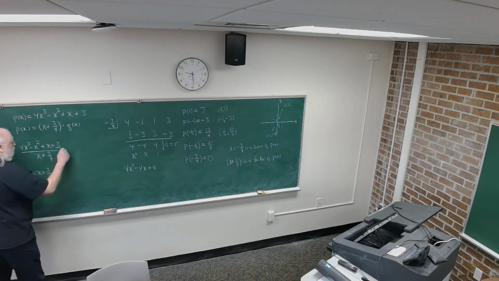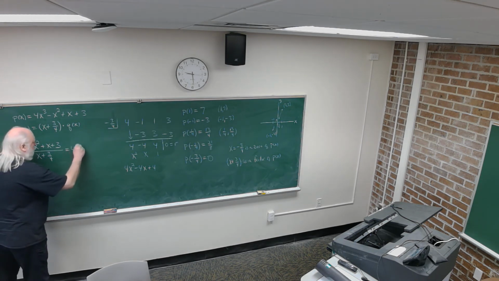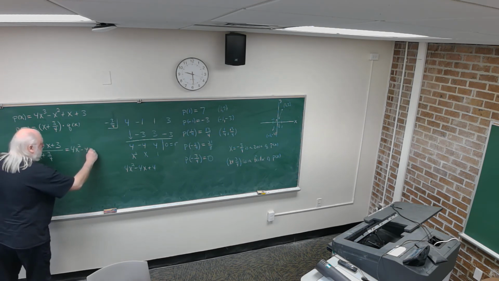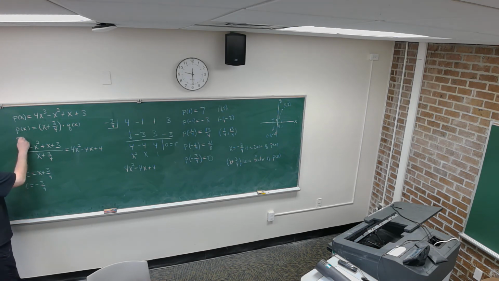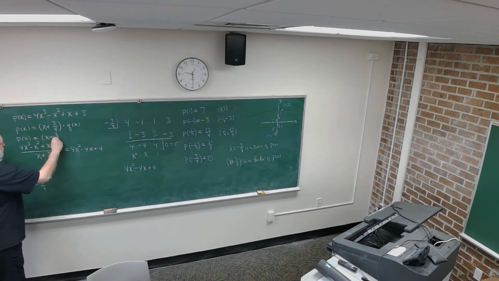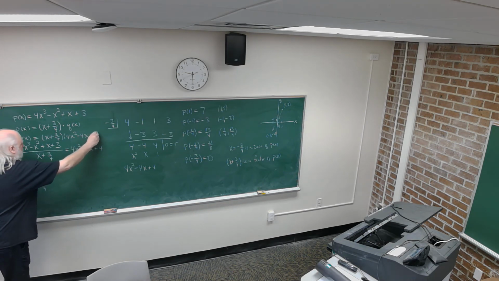So our third degree polynomial divided by x plus 3/4 is equal to 4x squared minus 4x plus 4. So this on the right-hand side up here can be written as x plus 3/4 times 4x squared minus 4x plus 4.